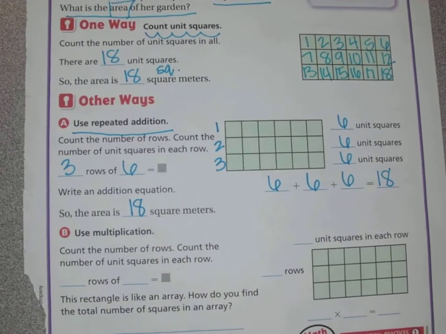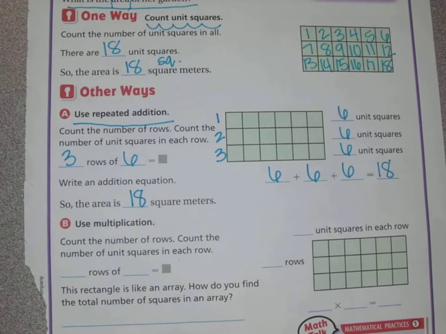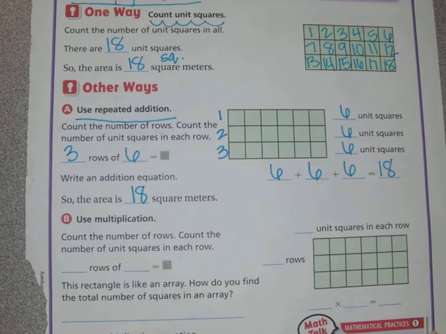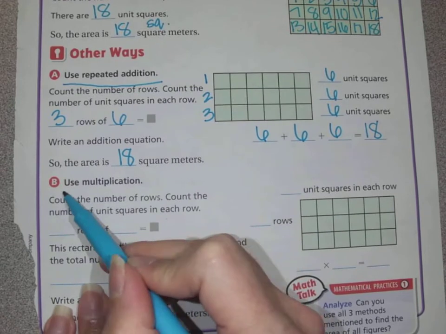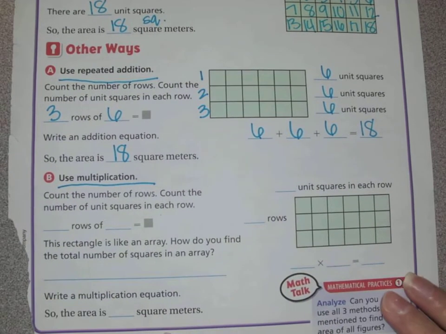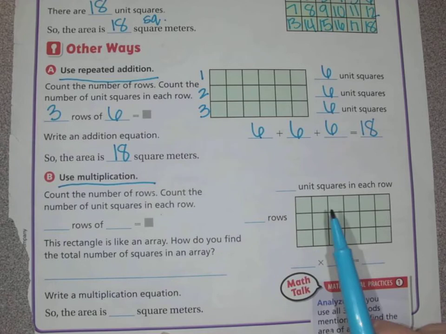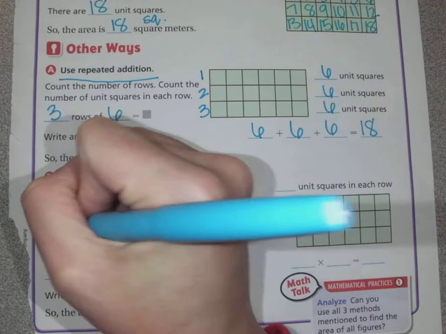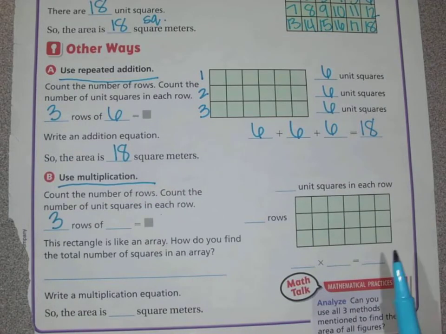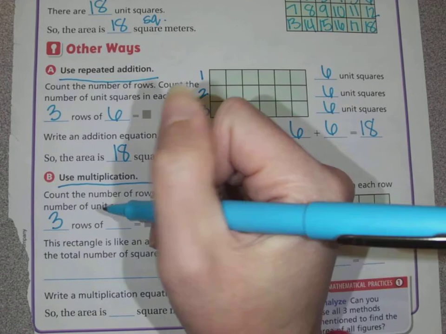All right, last but not least, our objective said we will multiply to find area of a rectangle. So let's get down here. Now, we already counted the number of rows. There are 3 rows, and how many unit squares are in each row? 1, 2, 3, 4, 5, 6.